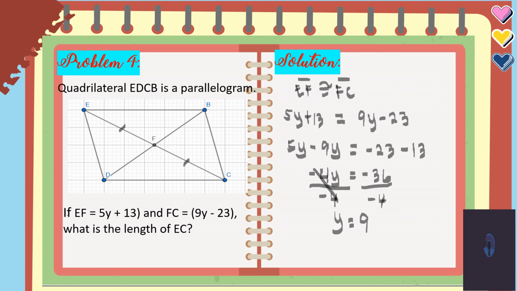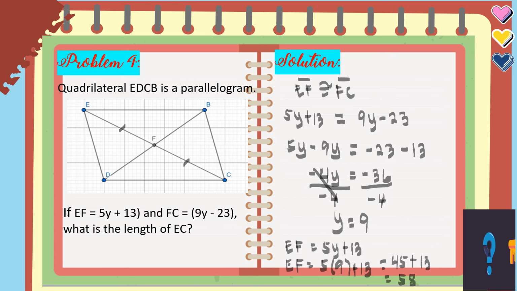The question is, what is the length of EC? Since EF is equal to 5y plus 13 and y is equal to 9, therefore, EF is 5 times 9 plus 13. And 5 times 9 is 45. 45 plus 13 is equal to 58 units.